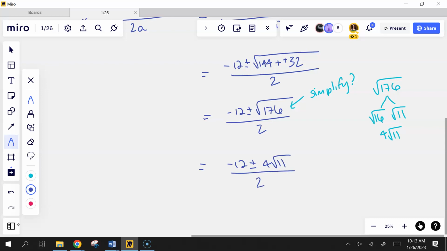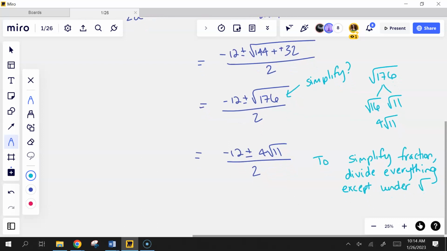Now at this point, if I simplify, kind of making you notes as we go here, you have to divide everything by a common factor, everything except what's under the radical.